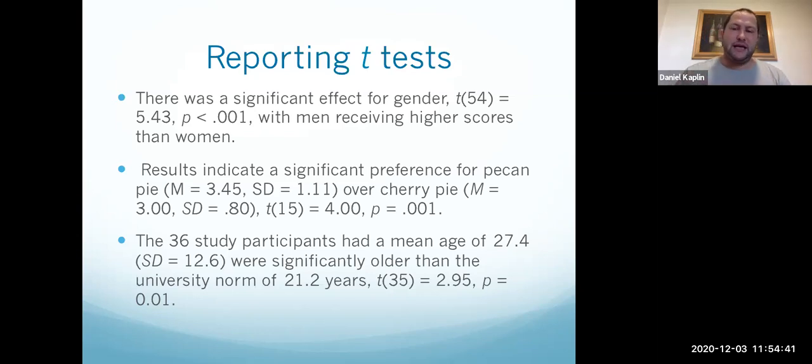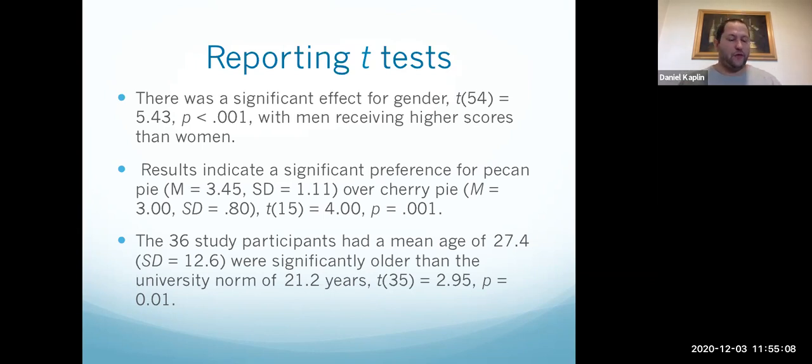A repeated measures t-test, you serve as your own control. So in this particular case, you might have given people the opportunity to taste pecan pie, and the same people the opportunity to taste cherry pie and rate their level of quality.